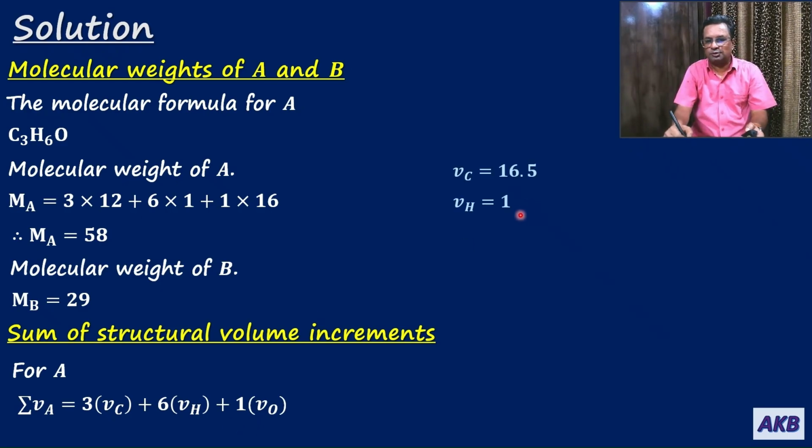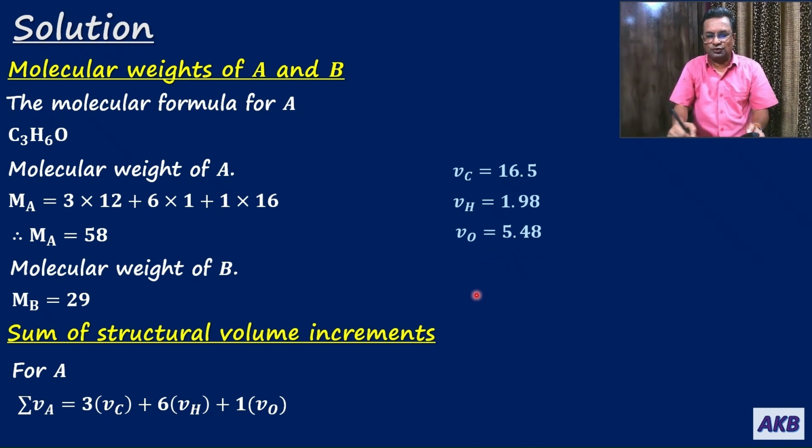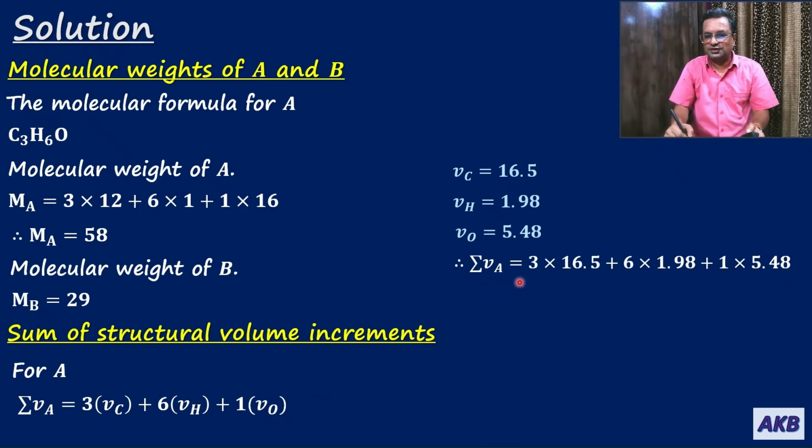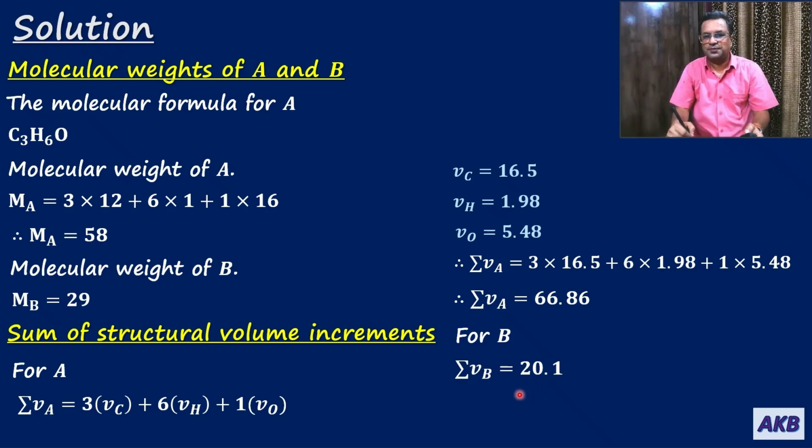So Vc is 16.5, Vh is 1.98, Vo is 5.48. If you use these values, summation of Va is equal to 3 into 16.5 plus 6 into 1.98 plus 1 into 5.48. That gives us summation Va as 66.86. Then for B, summation of Vb is directly given, it is 20.1. Let us move ahead.